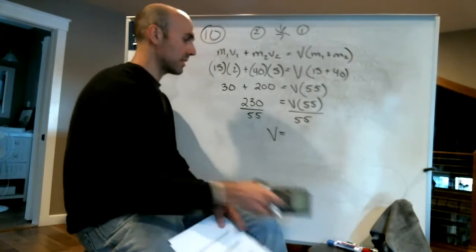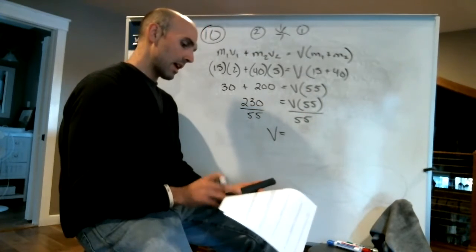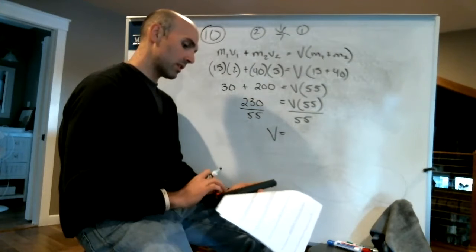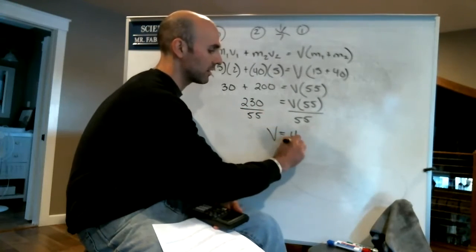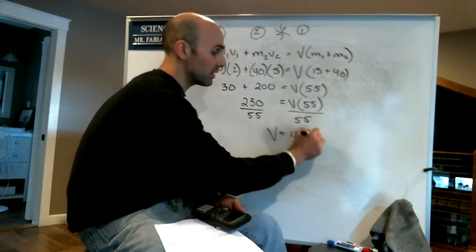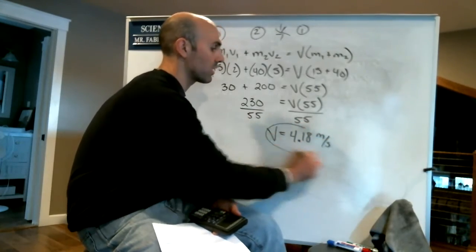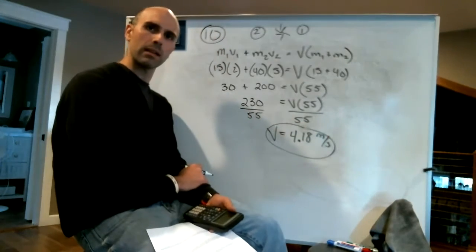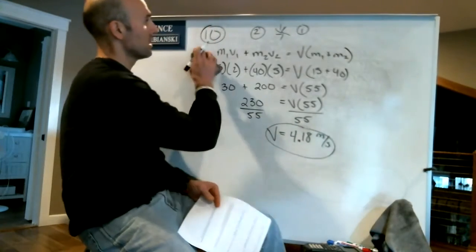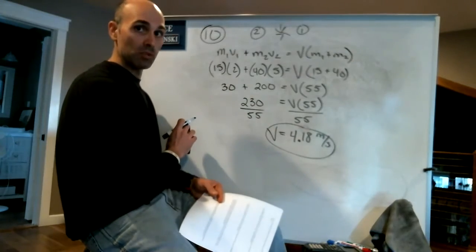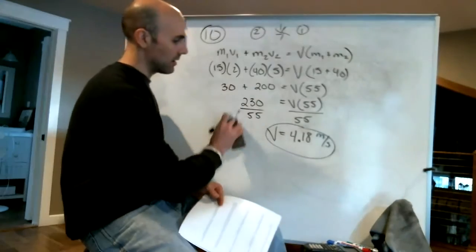And we get a velocity of the boy in the sled as being 230 divided by 55. We get 4.18. Don't forget your units, meters per second. Not too bad, right? Excellent, excellent. You guys are doing very well. All right, all set? Move on? All right.